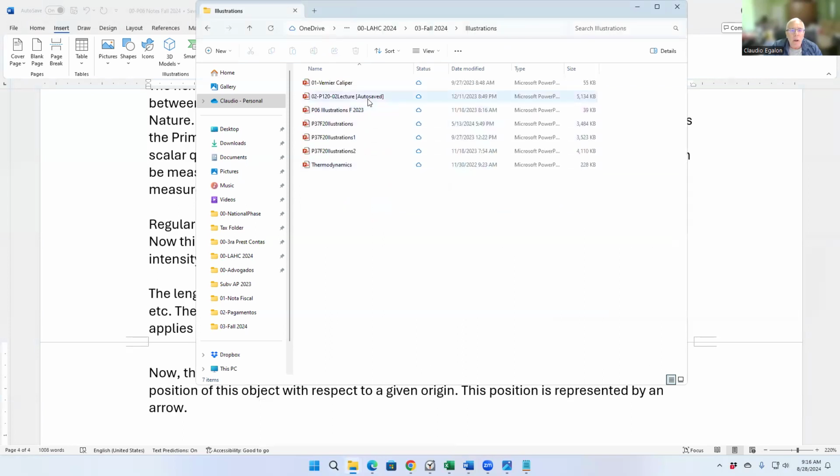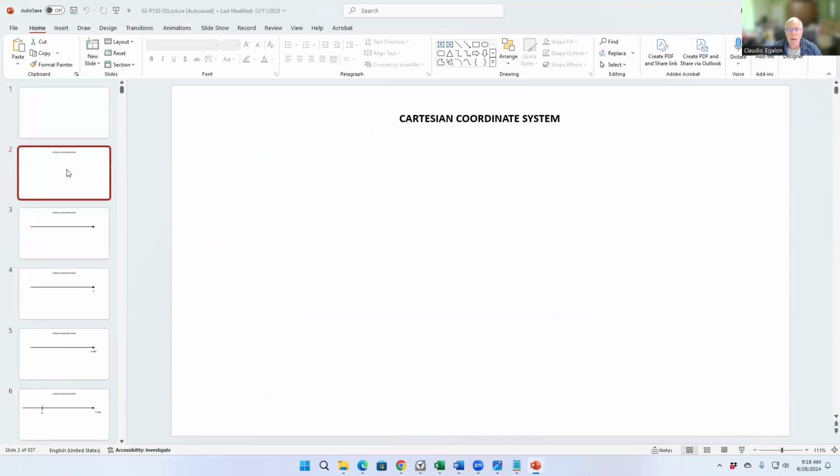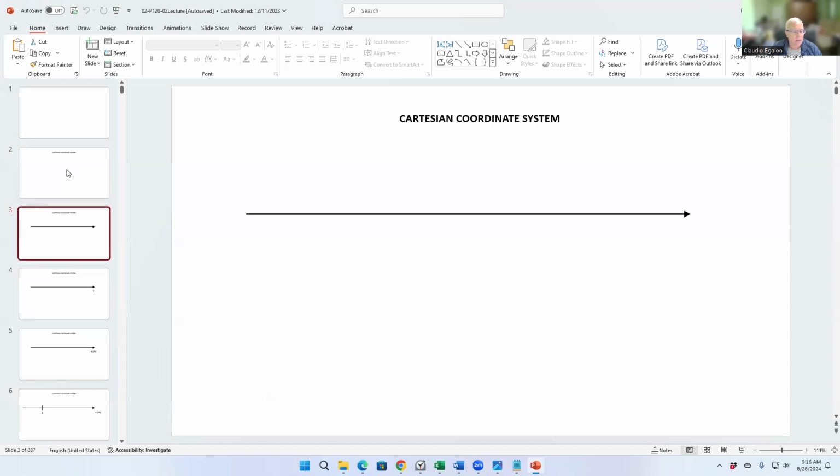Let me see if we have a good illustration for a vector here. Okay, so in order for us to talk about vectors, we have to have a Cartesian coordinate system. It's better if you define a coordinate system. The simplest of all coordinate systems is the Cartesian coordinate system, the axis x, for instance, okay?